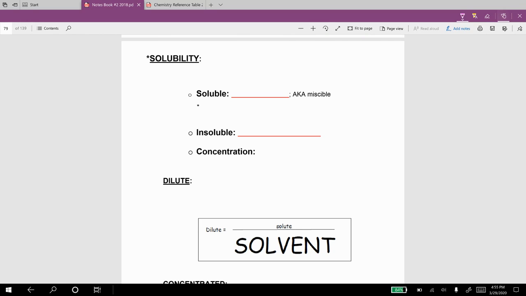Now solubility is basically a measure of how soluble something is in a specific solvent. So if we say something is soluble, it will dissolve. So if something is soluble on table F, it would have the most amount of ions.